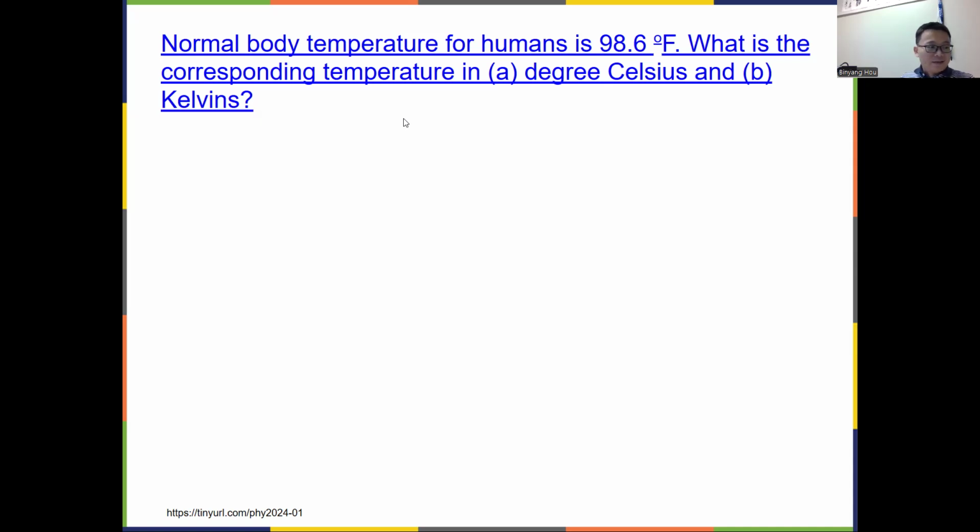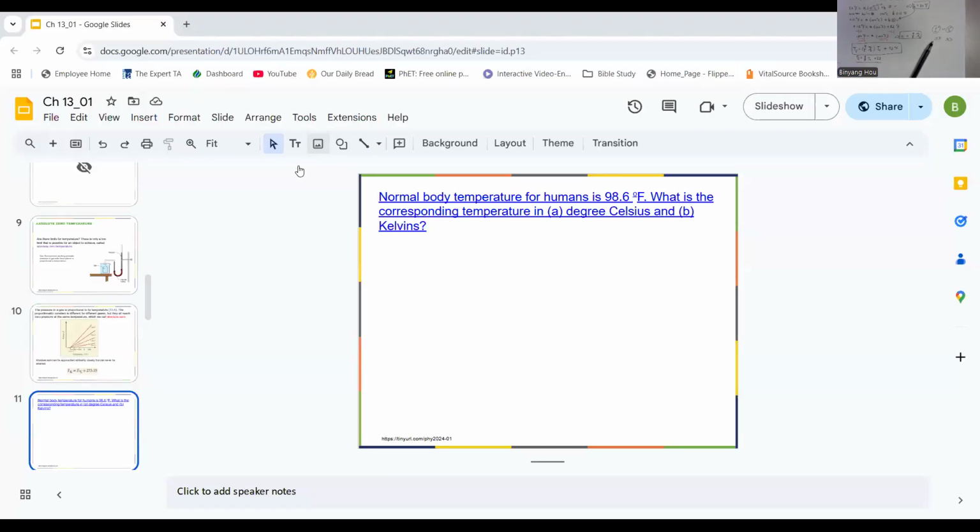So we are converting temperature, in this case, from Fahrenheit to Celsius. Let me switch my camera again.